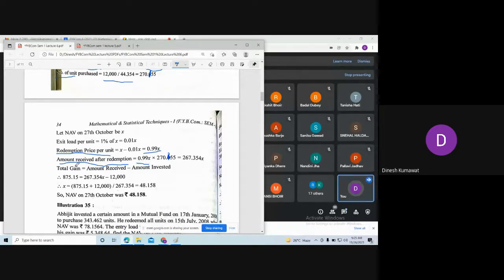So tell me, what is your answer for amount received? Yes, what is your answer for amount received? 267.844. And what about x?